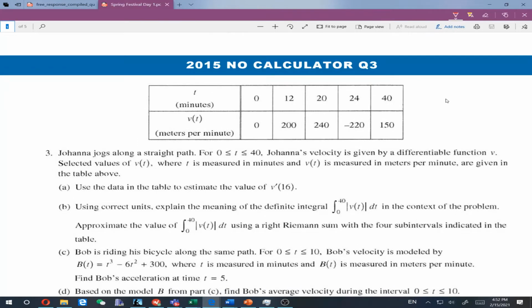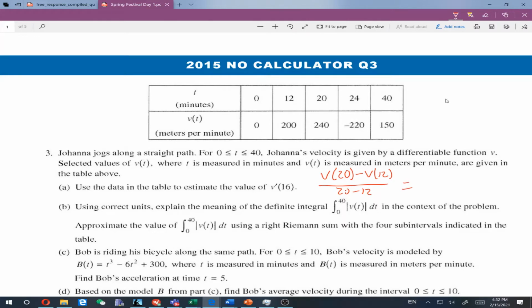V at 20 minus V at 12 over 20 minus 12. That looks good. So that was our average slope formula, y2 minus y1 over x2 minus x1, which should give us an estimate for the slope between 12 and 20.